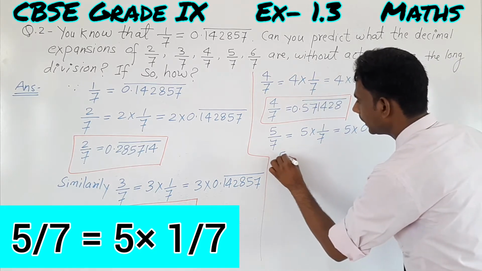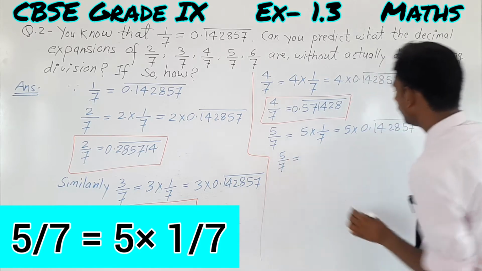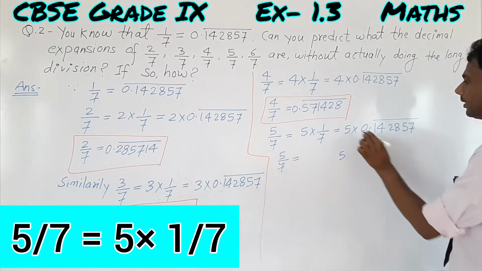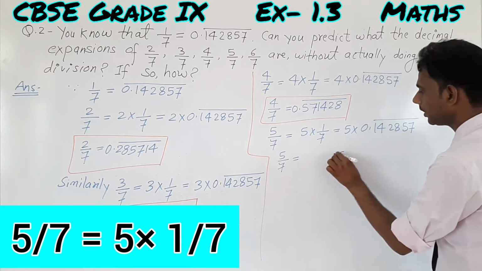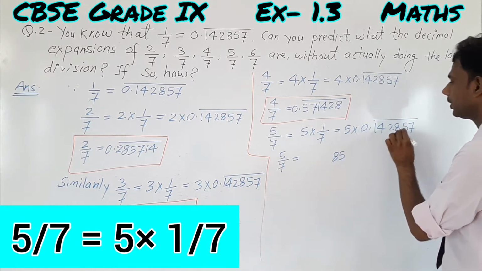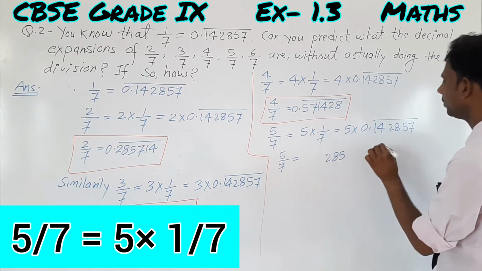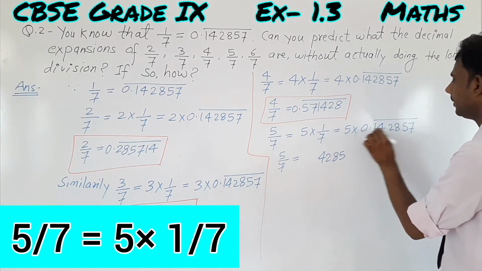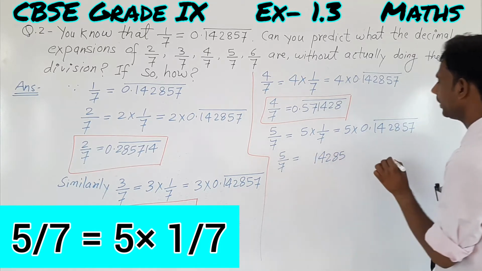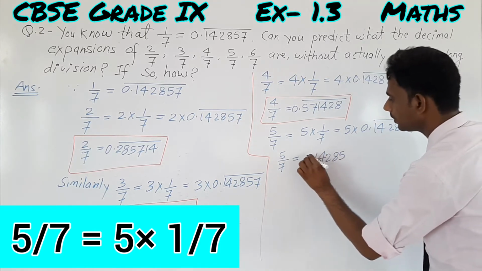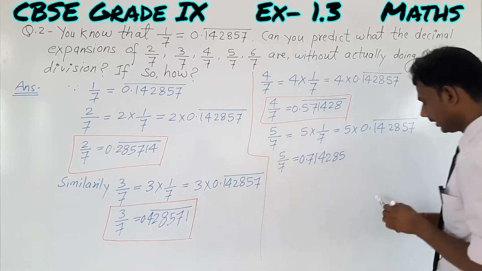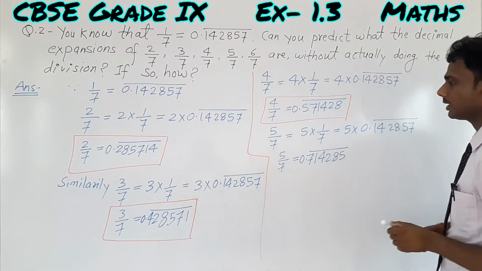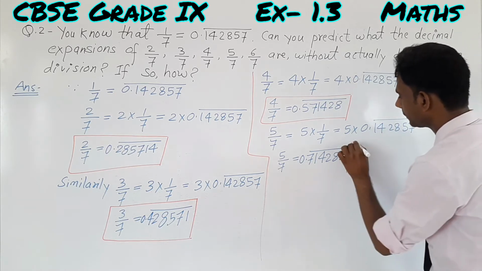After multiplying, 5 upon 7 will be equal to 5 7s are 35, 5 carry 3, 5 5s are 25 plus 3, 28, 5 8s are 40, 40 plus 2, 42, 5 2s are 10 plus 4, 14, 5 4s are 20, 21, 5 1s are 5 plus 2, 7, so 0.714285 bar. This is the value of 5 upon 7.